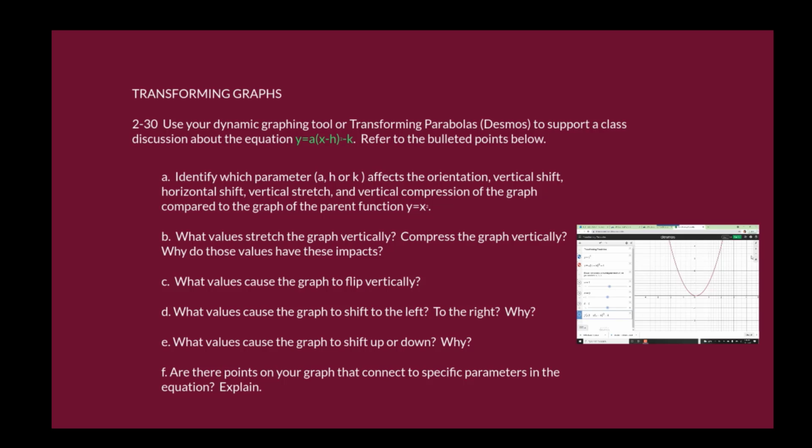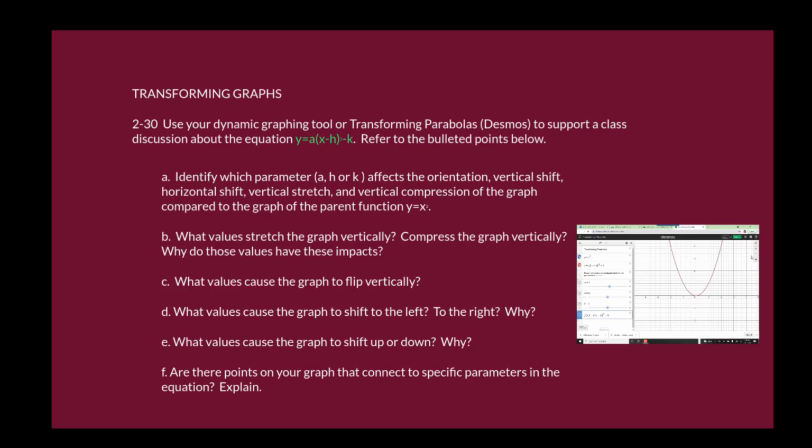So it's going to talk about identifying which parameters a, h, and k affect the orientation, whether it's vertical shift or horizontal shift, vertical stretch or vertical compression of the graph, and then how it relates to the y equals x squared. You'll see in the video the parent function staying put while you can play with the parameters and change them to see what happens.